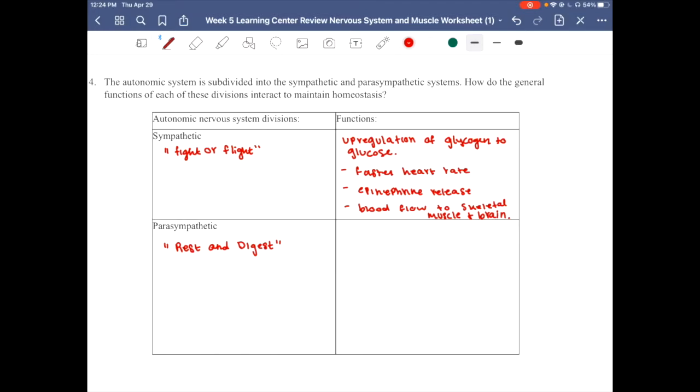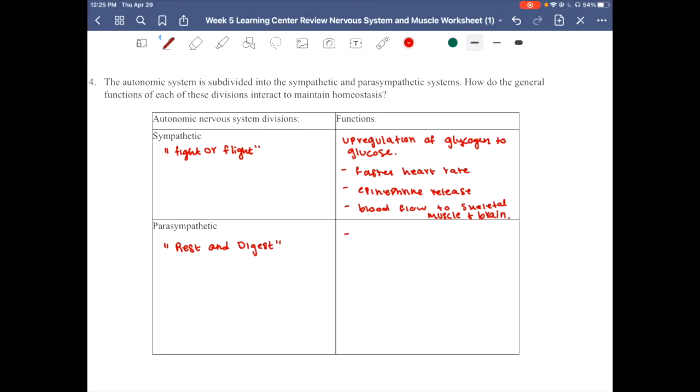The one exception to this is the control of the reproductive organ, where the sympathetic and parasympathetic complement each other, whereas usually they go against each other. So when sympathetic is activated, parasympathetic isn't, and when parasympathetic is activated, the sympathetic isn't. But the one exception to that would be the reproductive system.